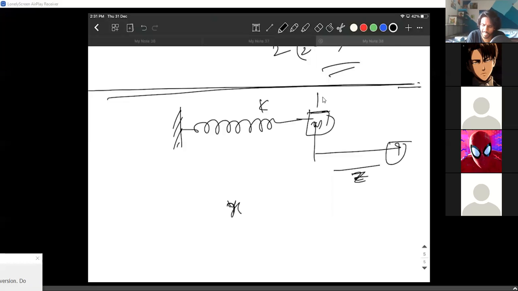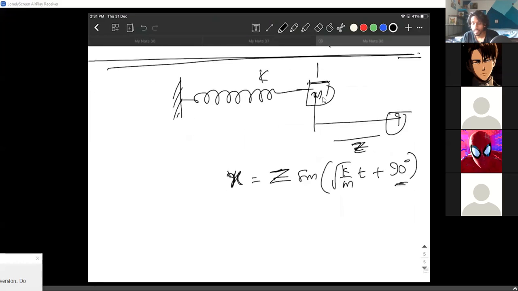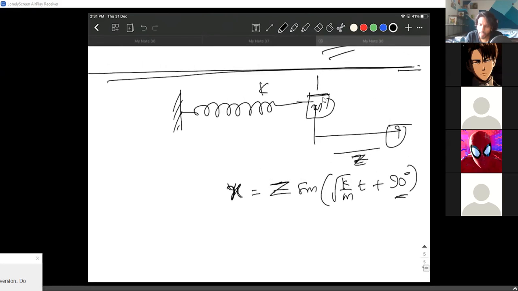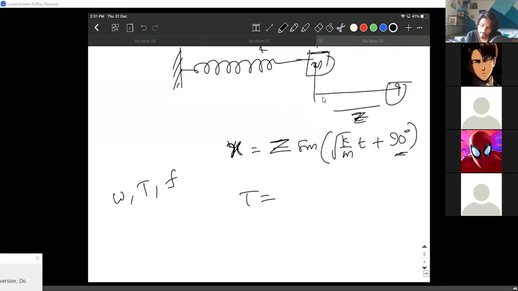You can write it as x or y equals amplitude capital Z sine, in the place of omega you wrote root over k by m, t plus 90 degrees, since it started from the extreme. This is how you give it. And somebody might ask you the time period. We already learned all the relations between time period, omega and f yesterday.